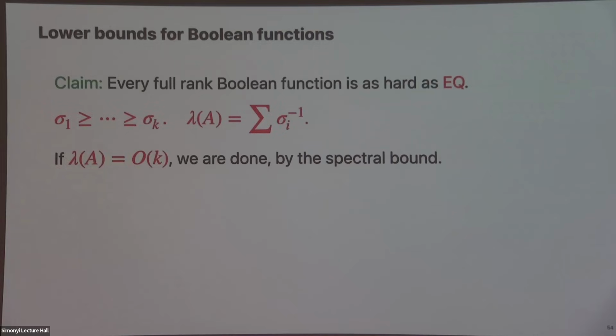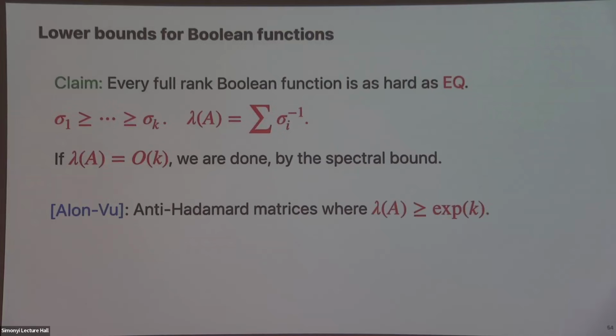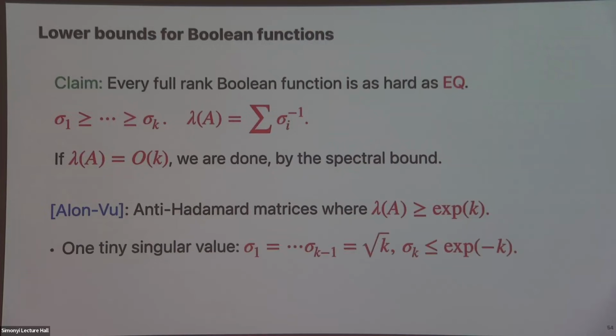They are very poorly conditioned, right? There's this one singular value, which is non-zero, but technically, it's almost zero. And it turns out that Alon and Van Vu have constructed these anti-Hadamard matrices, where in fact lambda A is exponentially large in k.